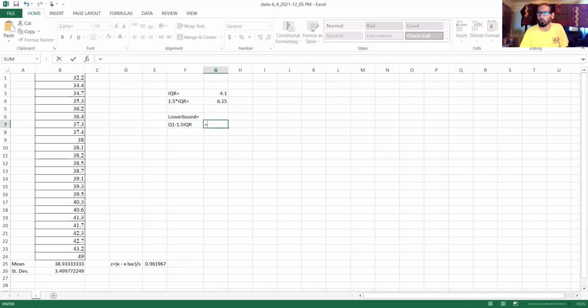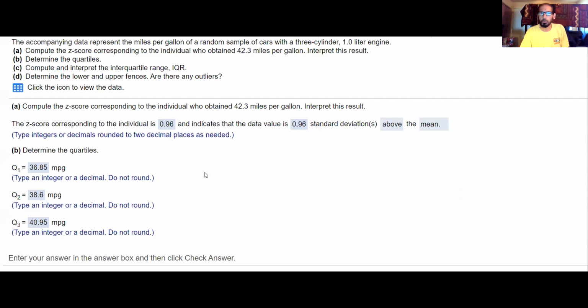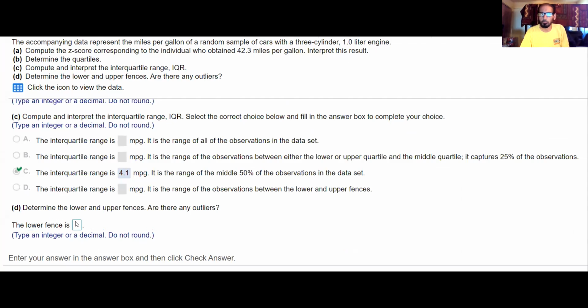So again, that was 36.85 for quartile 1 minus 1.5 times the interquartile range. Our lower fence, we should have 30.7. See if they agree with that. 30.7.